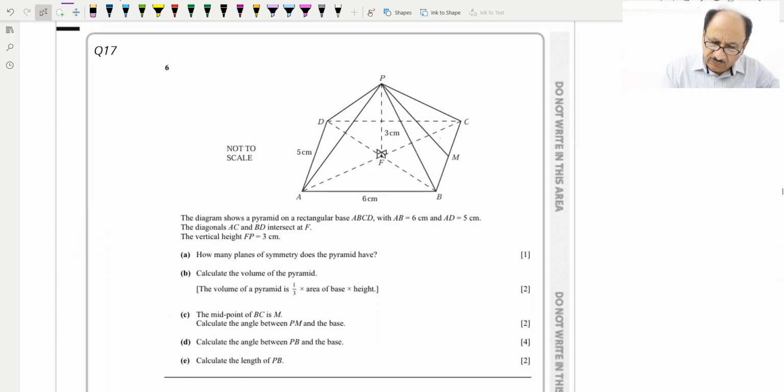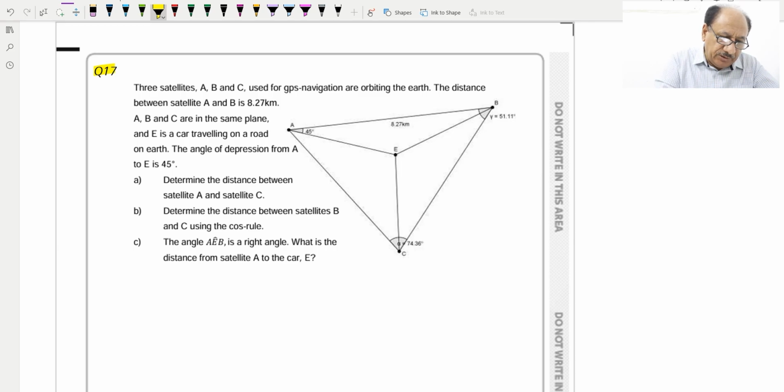Question number 17. Three satellites A, B, C used for GPS navigation are orbiting the Earth. The distance between satellites A and B is 8.27 kilometers. A, B and C are in the same plane.